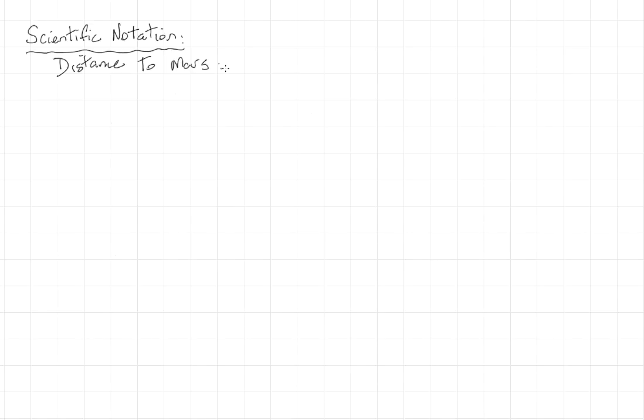Now, that'll vary, obviously, with rotations in the orbit, but just say it is 55 million kilometres at its closest to the Earth. Rather than write large numbers with lots of zeros, scientists had to come up with a way of representing that in a more succinct form. So they came up with the idea of scientific notation.